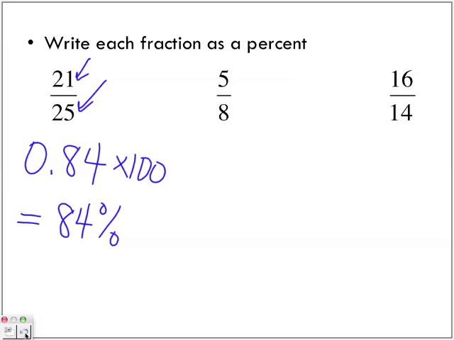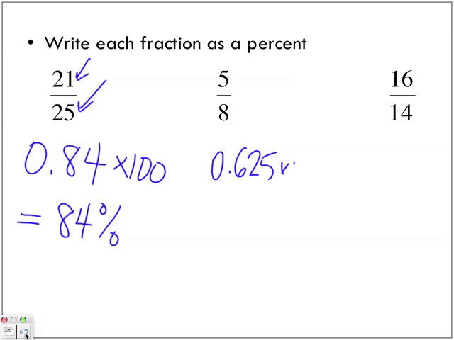5 over 8. We're going to divide 5 by 8. And what do we get? 0 decimal 625. So we've got our decimal value. Now from our decimal value, what are we going to do? Multiply by 100.